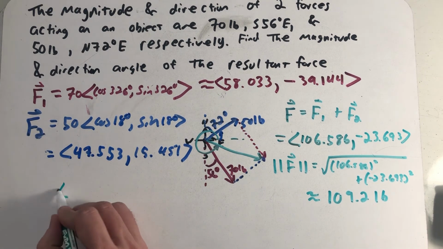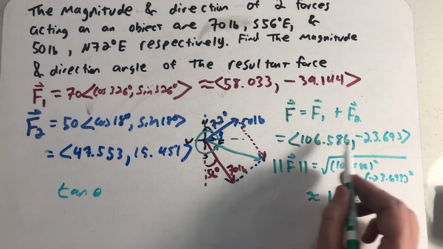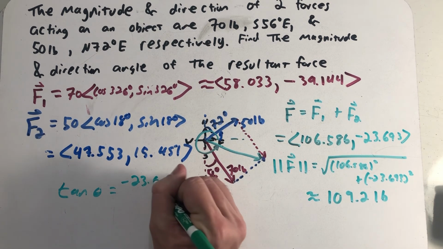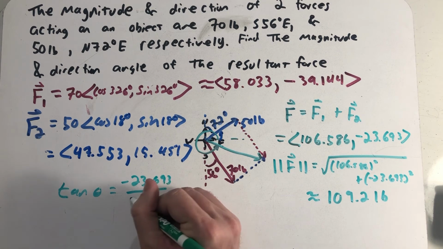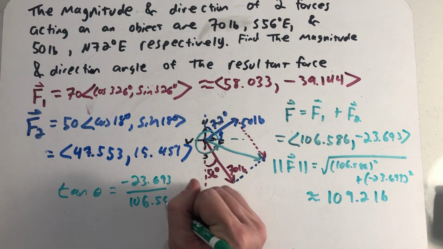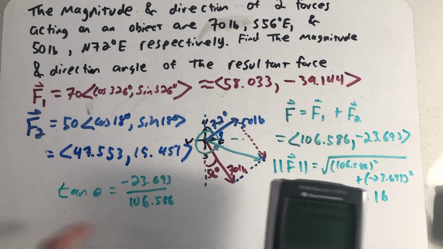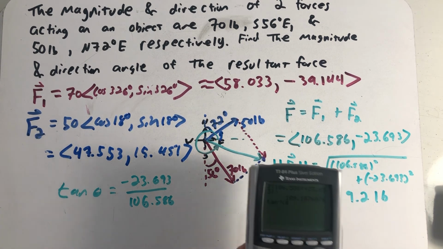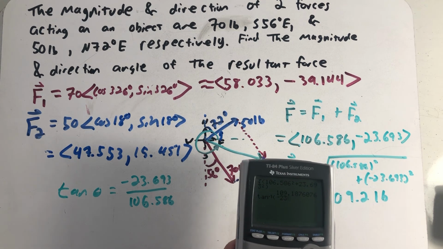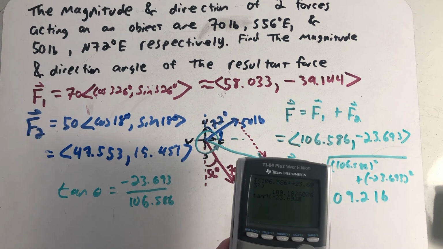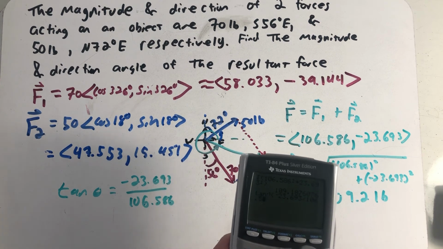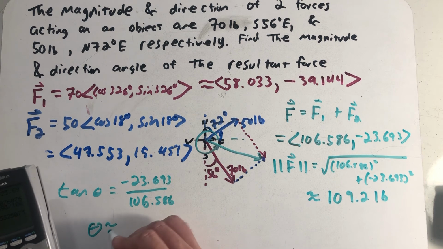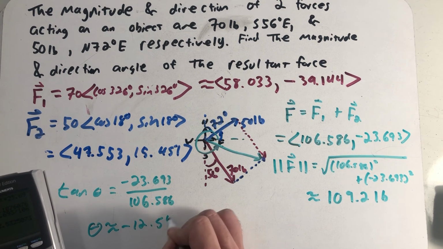And so, having an x and a y, the tangent of theta should be minus 23.693 over 106.586. All right, so I'm going to use inverse tangent to get a start here. So the inverse tangent of minus 23.693 over 106.586, and let's see, I get theta is about minus 12.5 degrees.